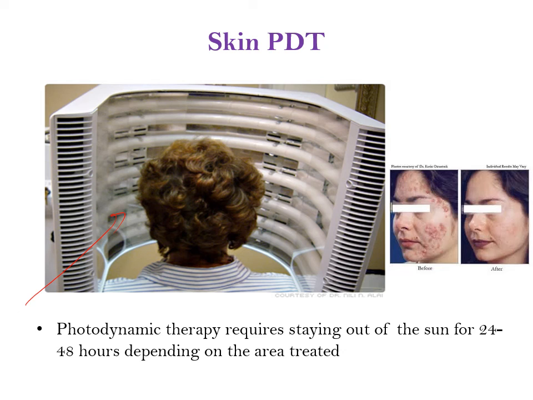As you can see, a specific part, the face, will be exposed to light after application of the photosynthesizer to the superficial skin, and the required effect can be achieved if properly applied.